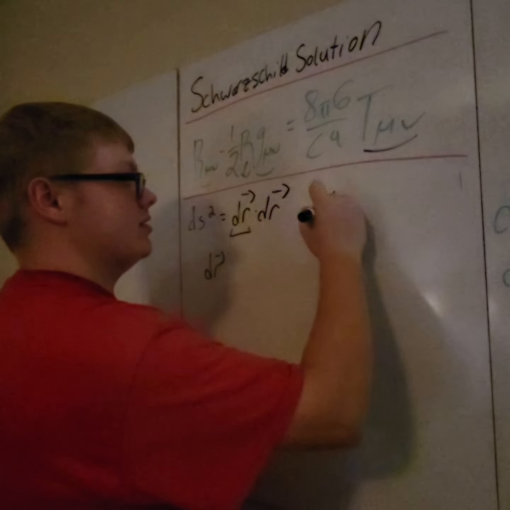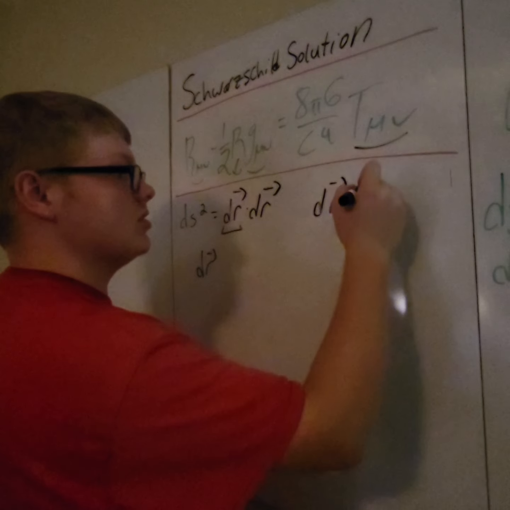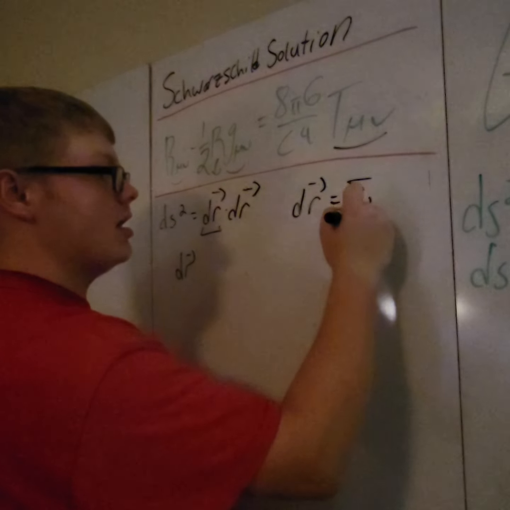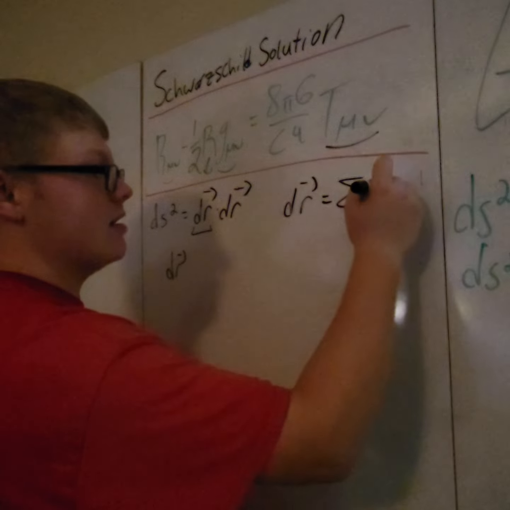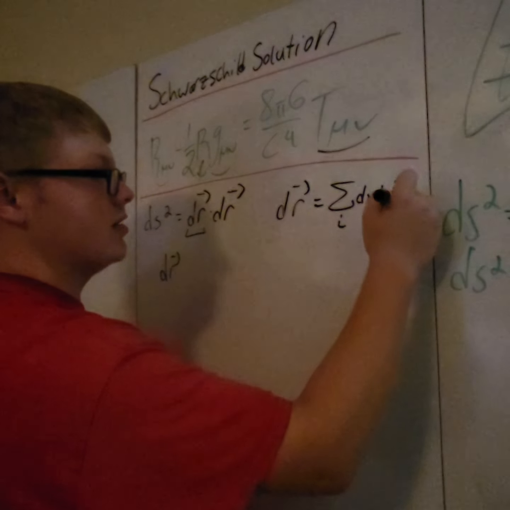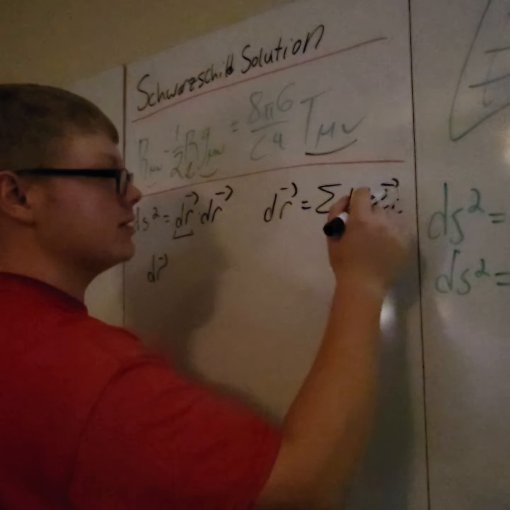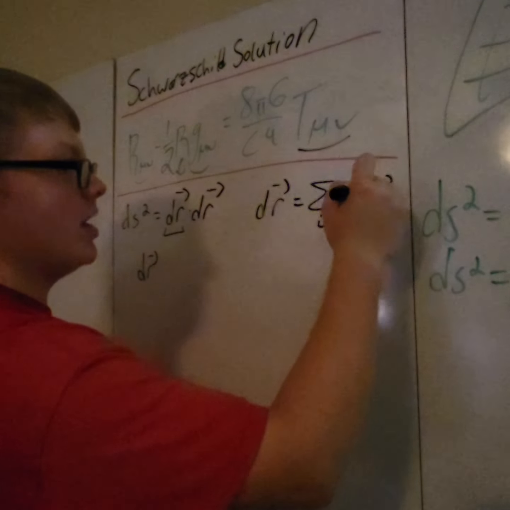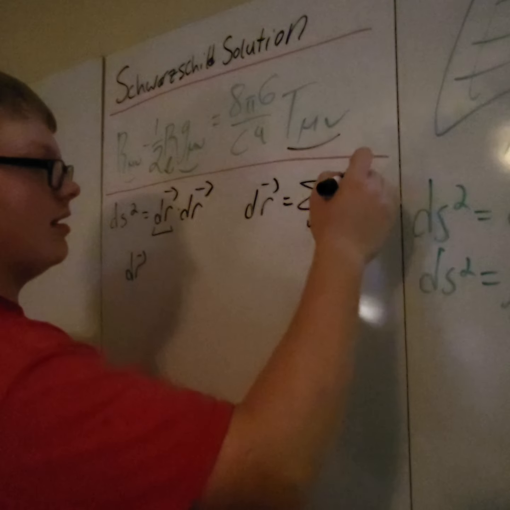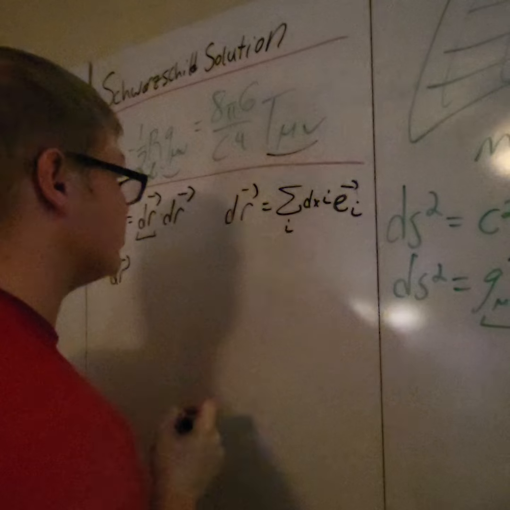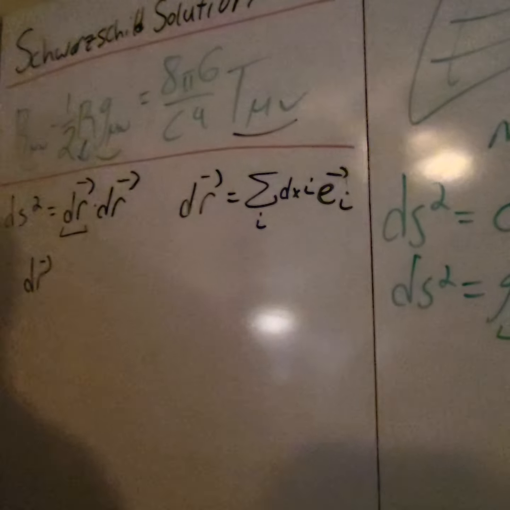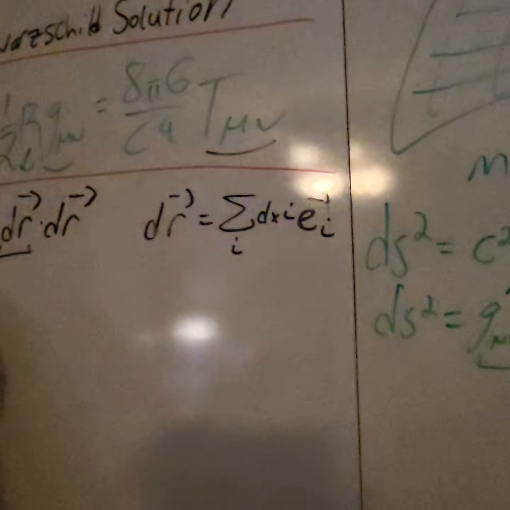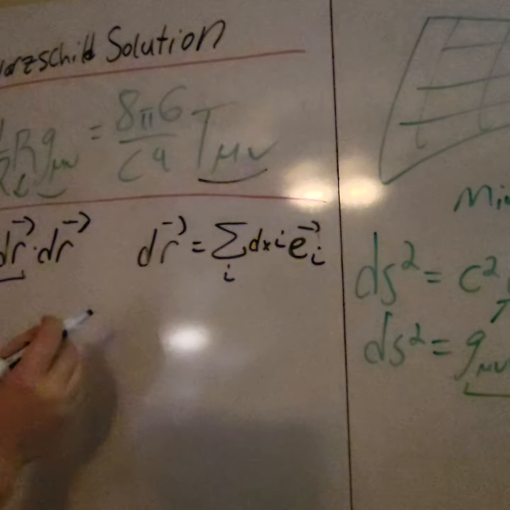Cartesian coordinates, dr equals the sum over i of dx_i times our basis vectors. You sum over that. Well, when you describe a differential, you have to consider a total differential.